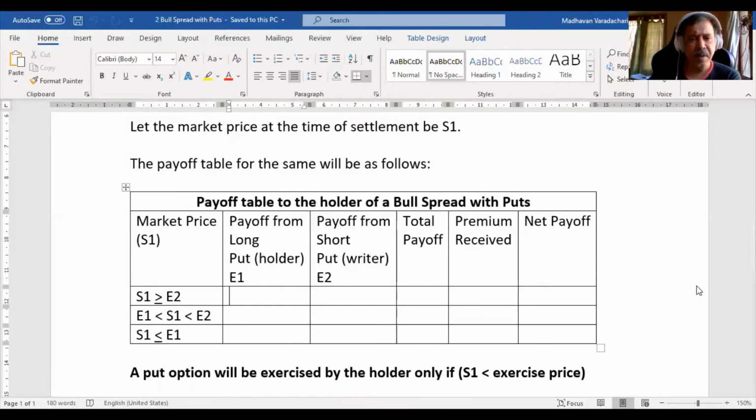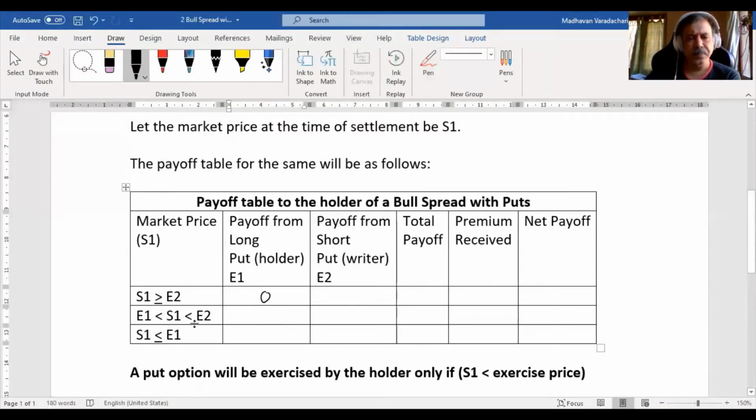So here the payoff will be 0. In this case, again, market price is larger than my exercise price, so I will not exercise my put option. So here also the payoff is 0. Whereas in this case, market price is lesser than my exercise price, so I will exercise. My payoff will be E1 minus S1.